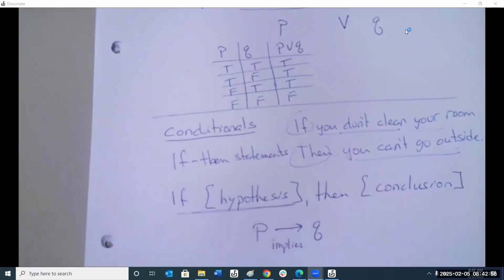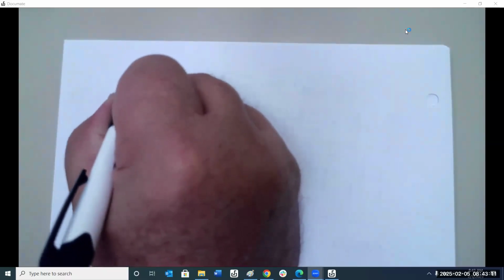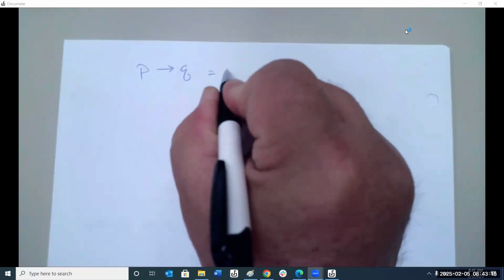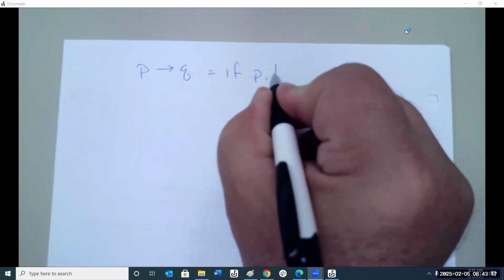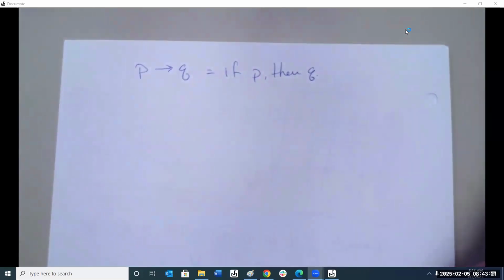We have truth tables for those as well. So whenever you have an if-then statement, you have to use that symbol. It's not and or, it's a conditional. So let's look at P, if P, then Q. That's how you'd read this. If P, then Q. That's how you'd read this.